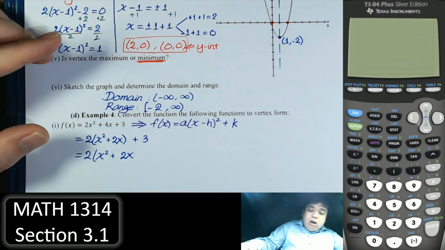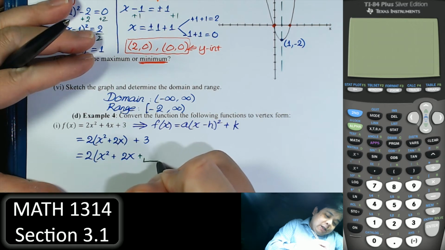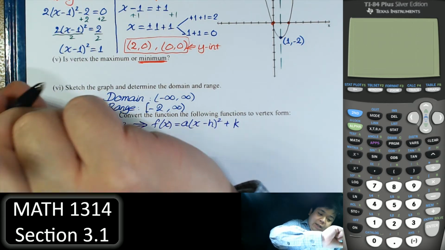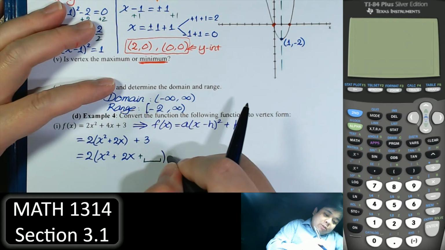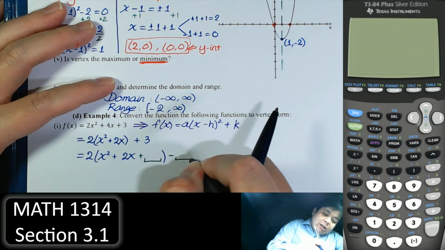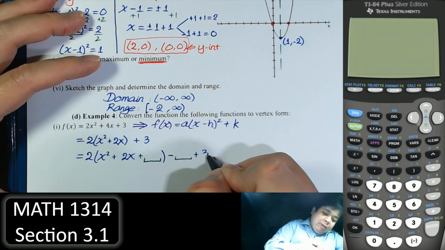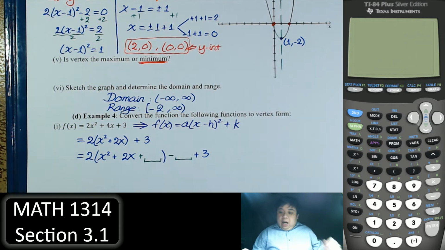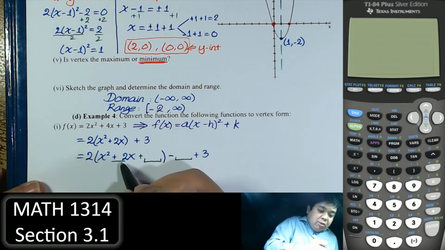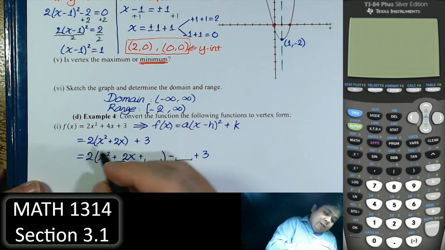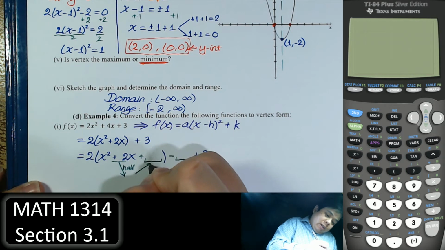If we complete the square, we need to add something here. And we cannot just do that. If we add something to make a square, we have to subtract something to keep it balanced. We cannot just add something into the equation. So what do we add? Remember, in completing the square, we take half of this number and then we square.